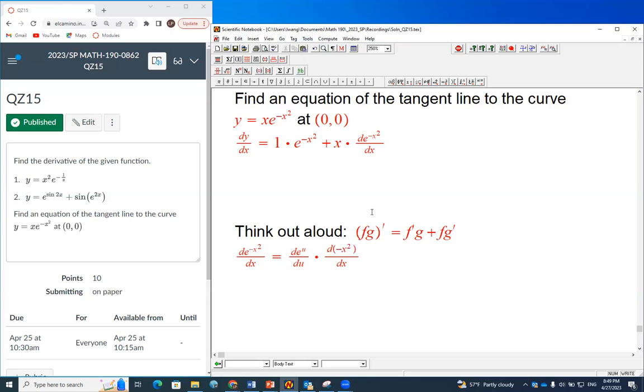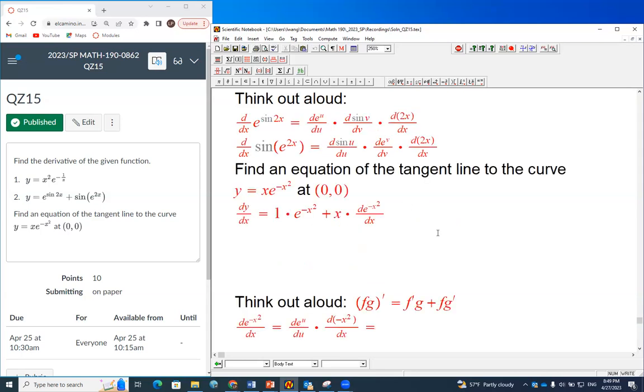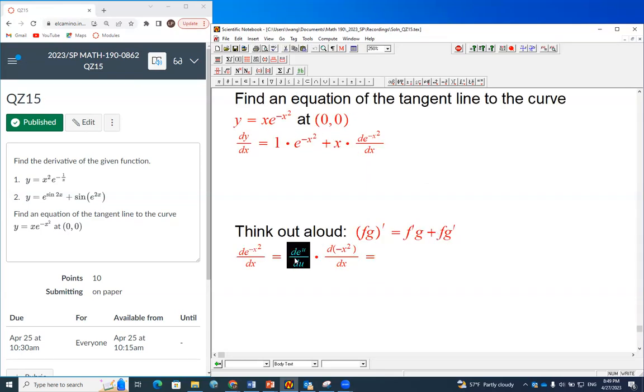You see, that's applying the chain rule. And once again, the derivative of e to the power u with respect to u is e to the power u. And what is u? u is negative x squared, right? And multiply the derivative of negative x squared, that's going to be negative 2x.